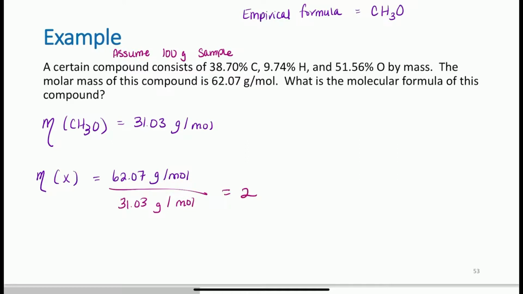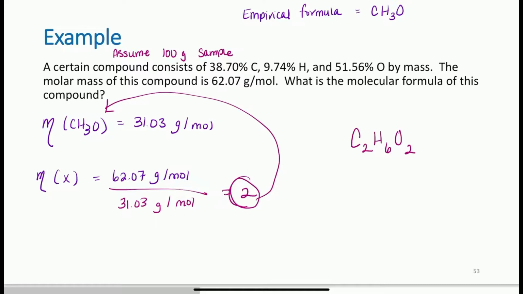It's not going to be an exact 2, but when I round, it gives me 2.0003, so I would round it to exactly 2. What that means is that the molecular formula is 2 times that of this empirical formula. So C2H6O2 is my molecular formula.